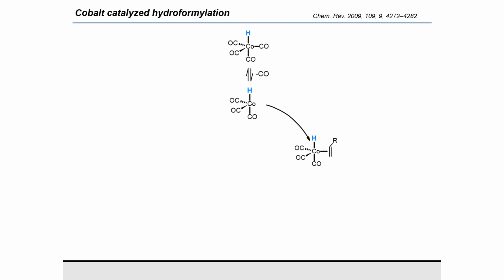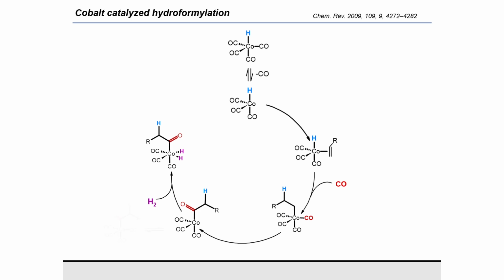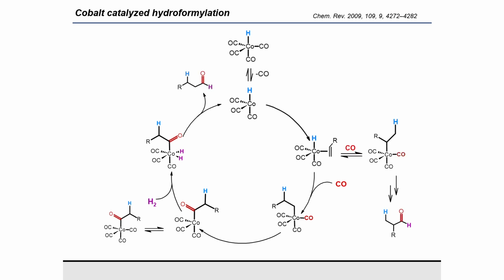The mechanism for this hydroformylation, in the case of cobalt-catalyzed hydroformylation, begins with dissociation of a carbonyl ligand from the cobalt catalyst, followed by coordination of the alkene, then it undergoes CO insertion and hydride transfer, forming the alkyl chain, usually in the apical position, and then one of the CO ligands will migrate to the alkyl chain.